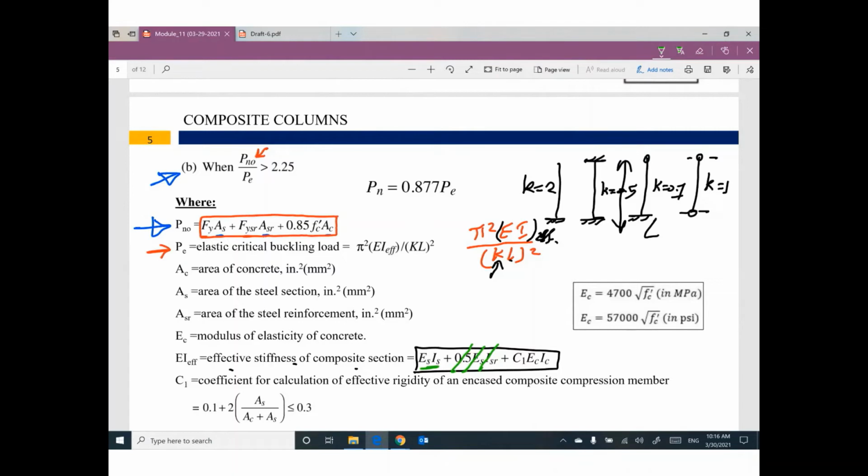We can consider the part of the steel column and the part for concrete. By the way, we will explain it in more detail during the example. C1 is equal to 0.1 plus 2 times area of steel divided by area of concrete plus area of steel, and should be smaller than 0.3. So right now, I can determine Pn naught and Pe.